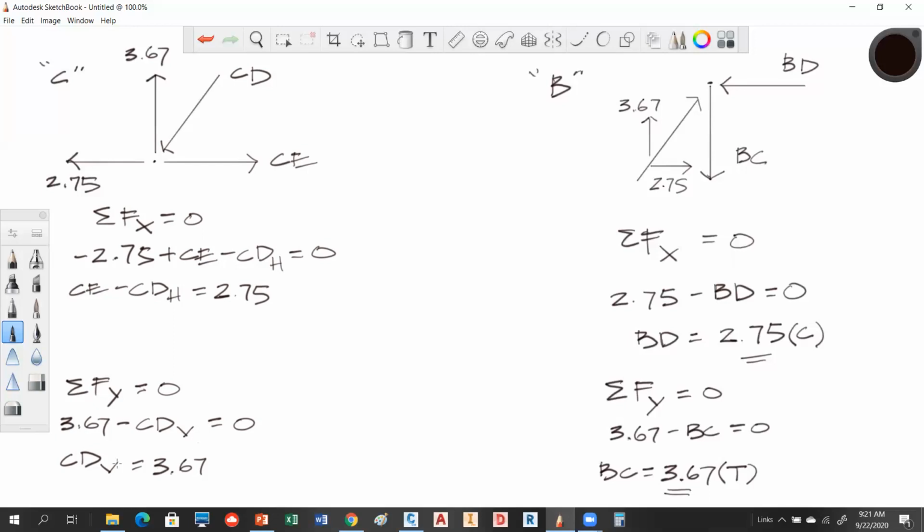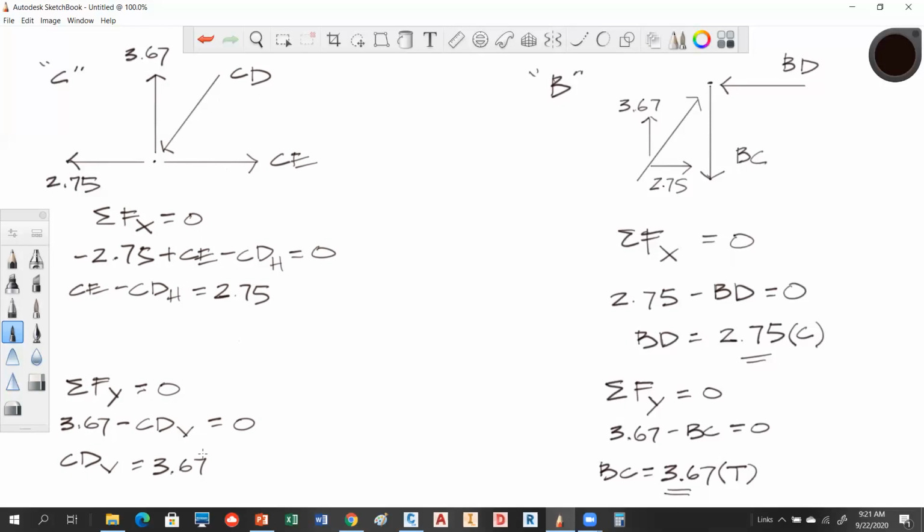So if we know the vertical component of this CD vector or member, we can solve the horizontal component because we know the geometric relationship between those two guys. So again, I can say the horizontal component is to the distance over which it's acting, which is 9 feet, as the vertical component is to the distance over which it's acting, which is 12.